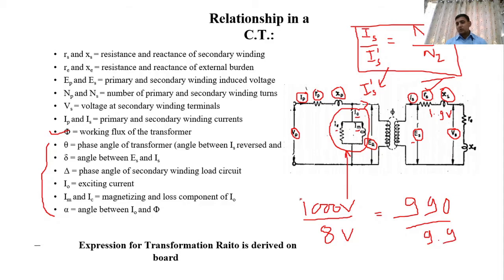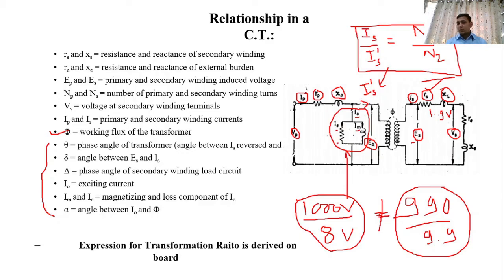This turn ratio we call the transformer ratio, and this 990 by 9.9 we call the nominal ratio. These are not equal in a practical transformer due to our copper losses and leakage reactance losses.